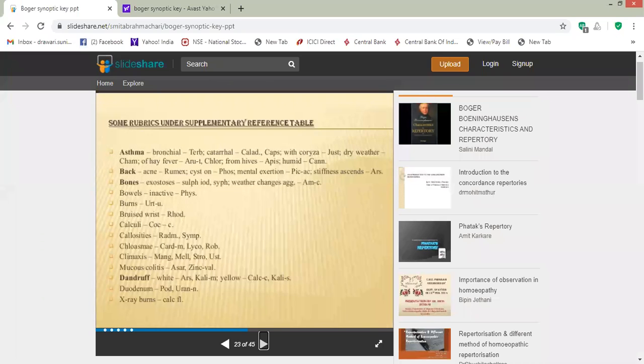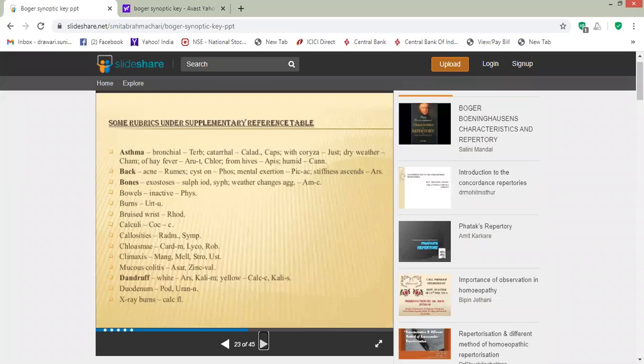Here are some rubrics given under the supplementary reference table, that is asthma, in that bronchial asthma. For catarrh, which medicines; with coryza, which medicines; due to dry weather; with hay fever; from hives.